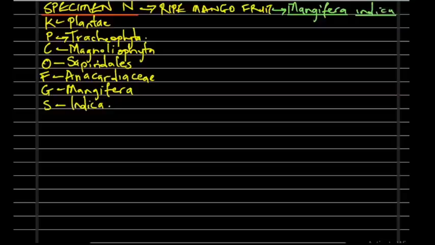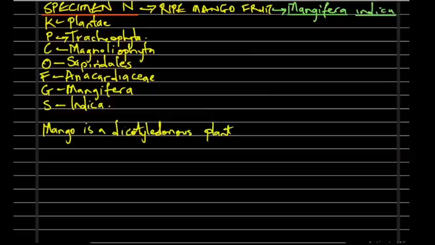So let's move further. Mango is a dicot plant. It's a dicotyledonous plant, since each of its fruit has a single seed with two cotyledons.